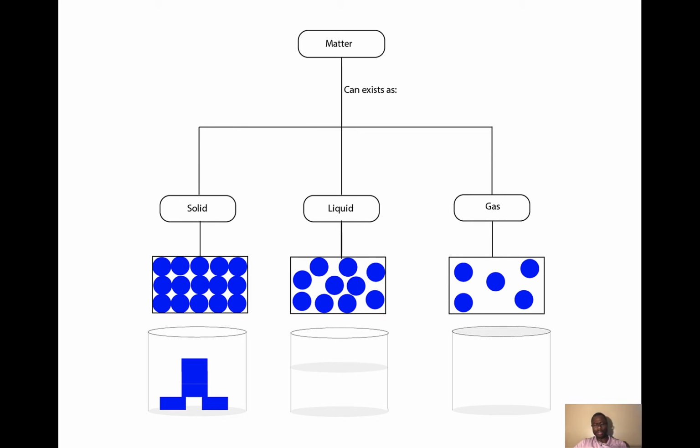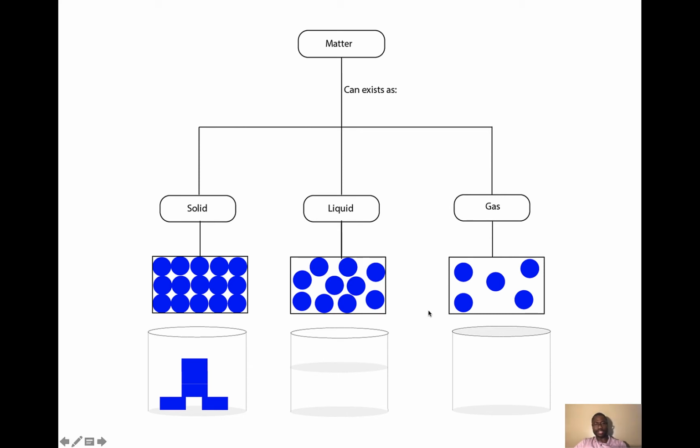So gases do not have a fixed volume and they do not have a fixed shape. Because they have lots of empty spaces between them, they can easily be compressed. So they take up whatever container you put them in, which is why we are able to pump air into our car tires to be able to drive them around. We compress these air molecules into the car tire.